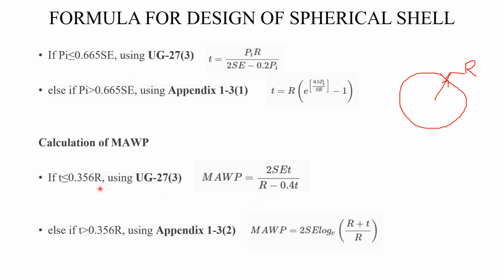Okay, and else if your thickness is more than 0.356 times R, in that case you use Mandatory Appendix 1-3. MAWP is equal to S E multiplied by log_e of (R plus t) divided by R. So this is the formula which is used for spherical shells.